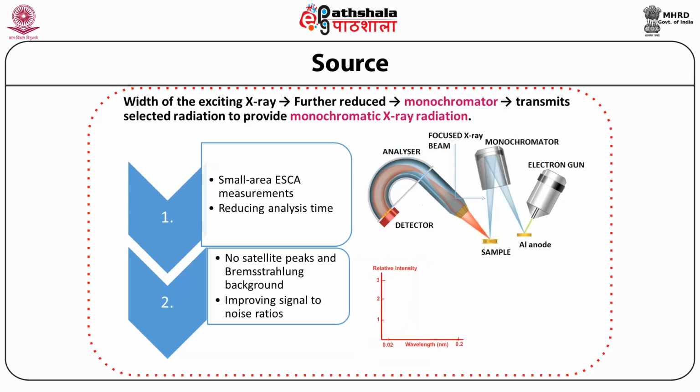So we have the electron gun, then the monochromator, then a focused X-ray beam, and it goes through the analyzer, which has been shown, and then it goes to the detector. Once it is detected and passed through the data analysis, the kind of spectra that we get is shown on the bottom side of this slide.